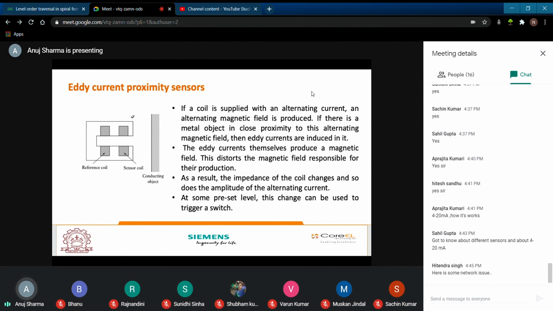Then you have eddy current proximity sensors. You have a sensor coil and a reference coil. Eddy currents are produced because of the relative magnetic field in a metallic material, and those eddy currents will hinder the magnetic field of this sensor coil. With the change from the reference coil to this sensor coil, there will be a current passing through it that will trigger, and at some preset level this change can trigger a switch.